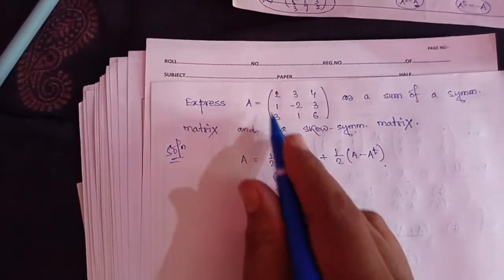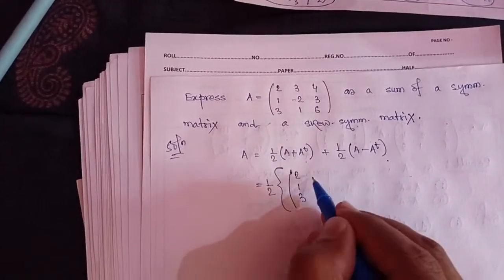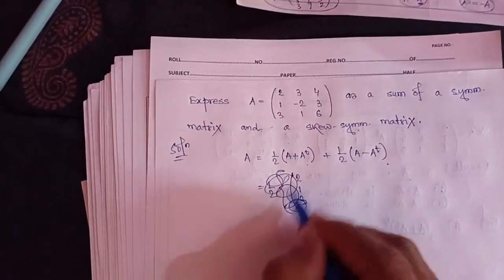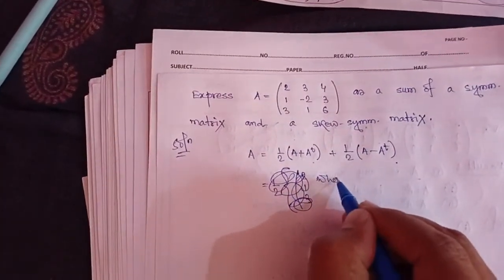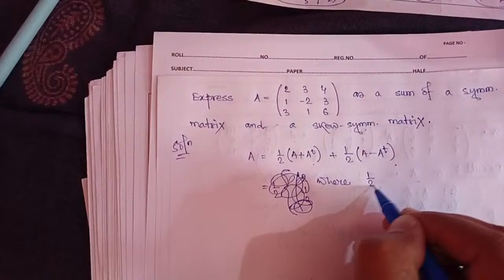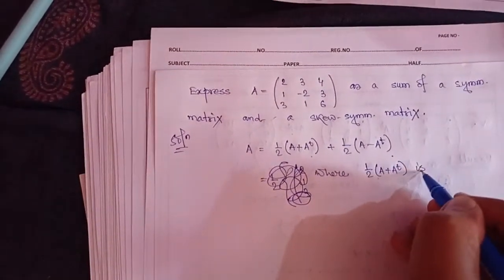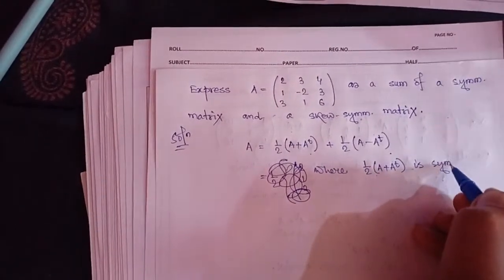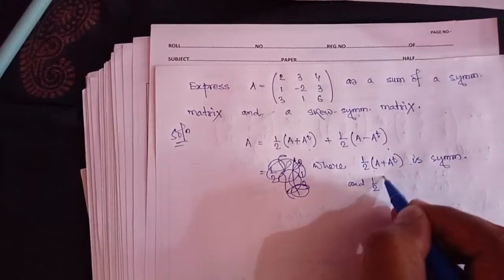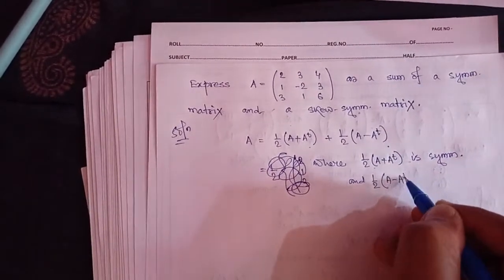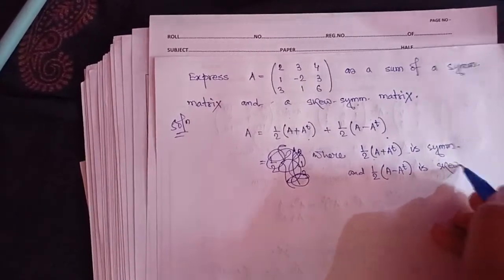A plus A transpose, A matrix means this one, 2, 1, 3. Where half of A plus A transpose is symmetric and half of A minus A transpose is skew symmetric.